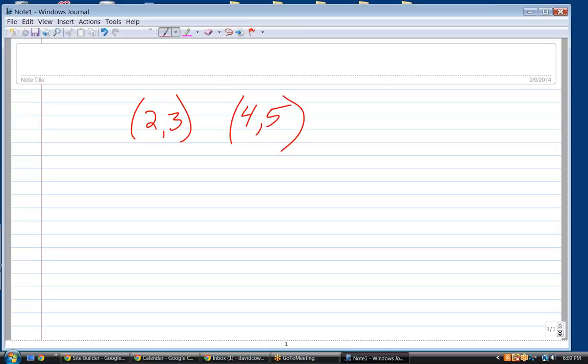Let's do that. What's the standard general format for the equation of a line? y equals mx plus b.